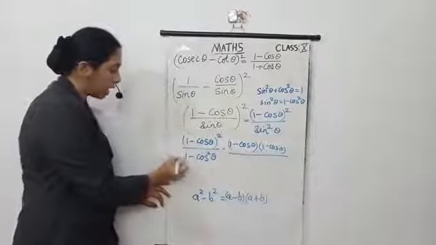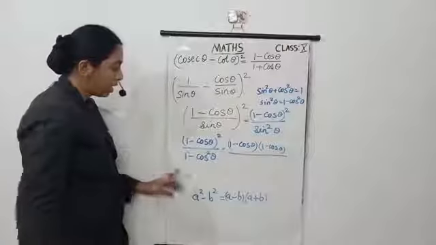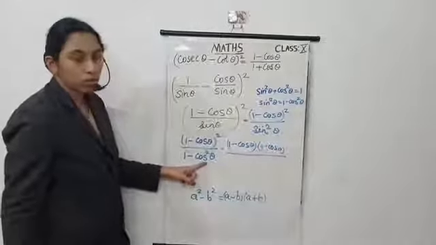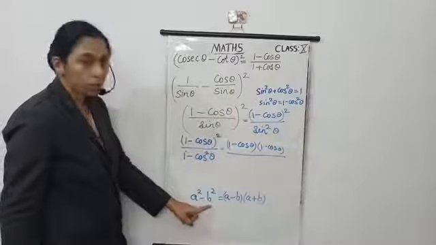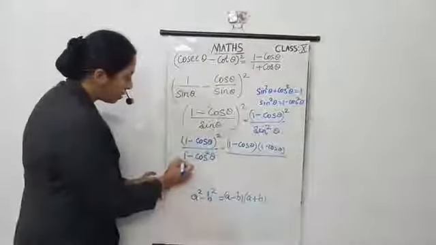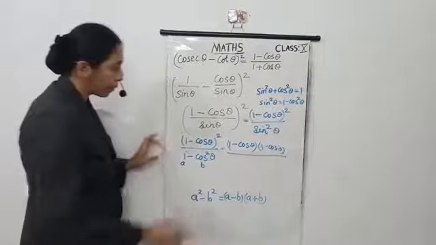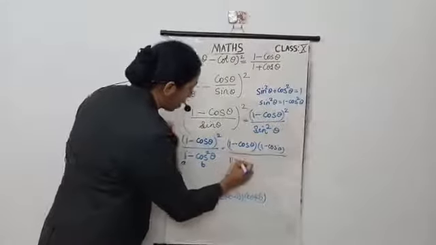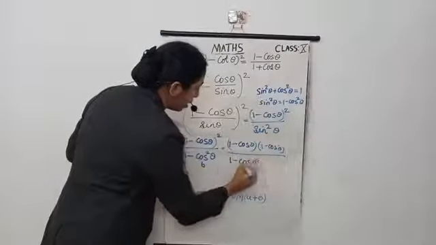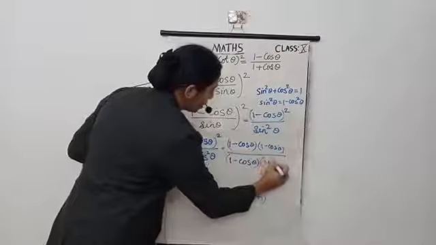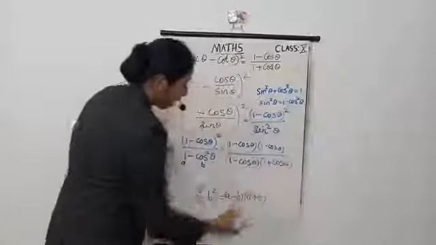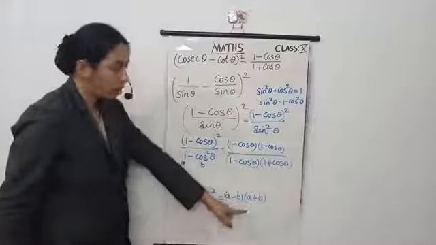Then this is 1 square minus cos square theta, like a square minus b square. In the place of a, 1, and in the place of b, cos theta. So this can be written like (1 minus cos theta) into (1 plus cos theta). Okay, like this, a minus b into a plus b.